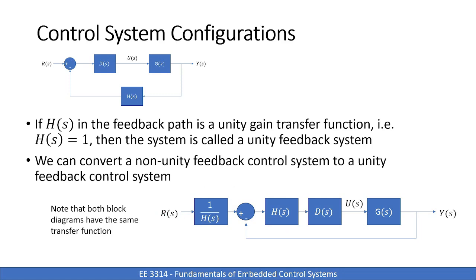So when you're going forward, Y of S is a function of R of S. If you do this, you'll find that this block diagram down here does equal the block diagram up here. It maintains the overall transfer function of the system, but in this case the feedback is unity, which can make things a little bit simpler for us.